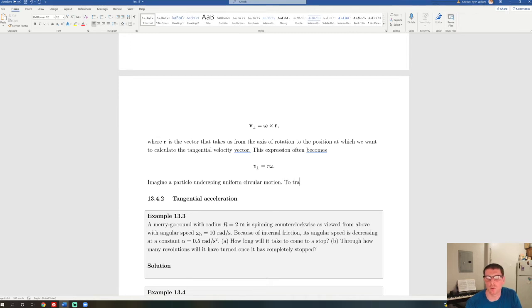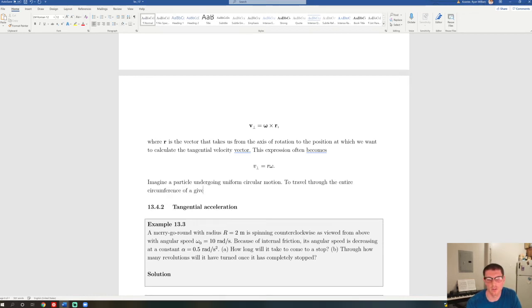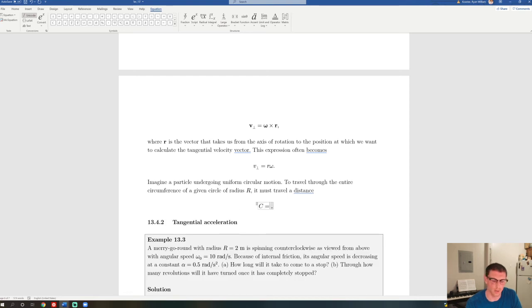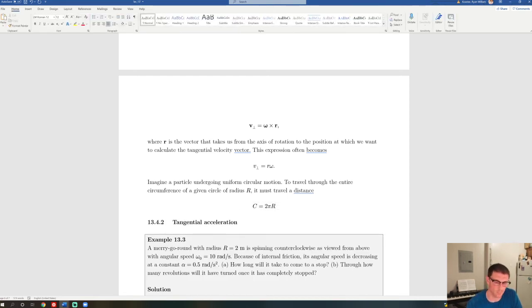So to travel through the entire circumference of a given circle, let's say of radius r, it must travel a distance of the circumference, which is just 2 pi times the radius, okay?